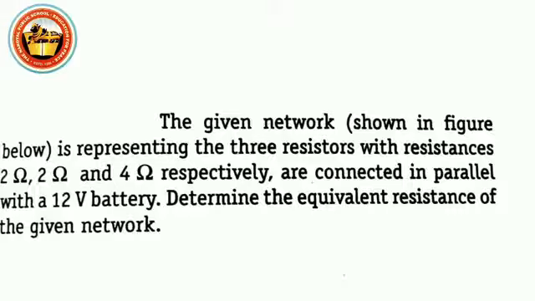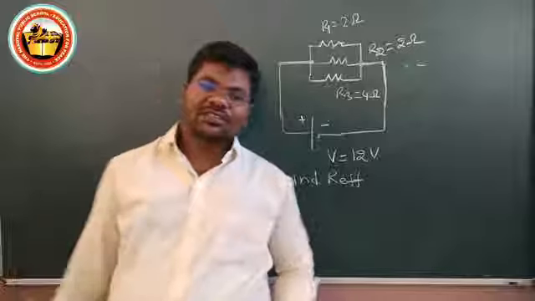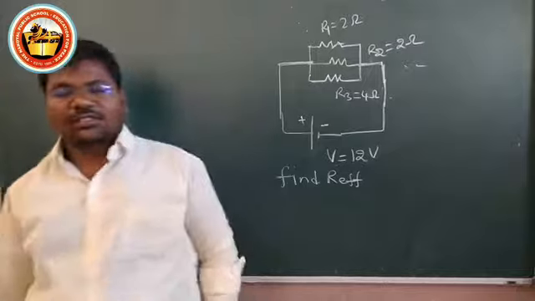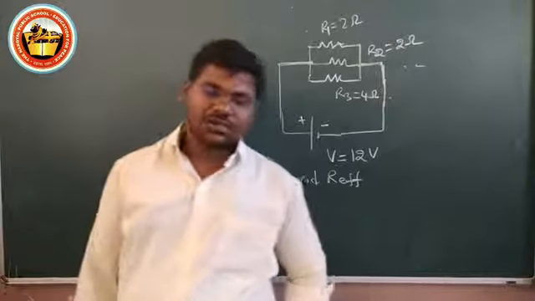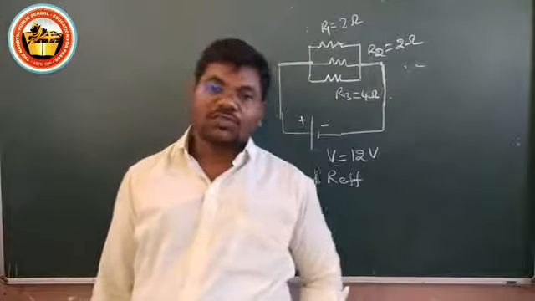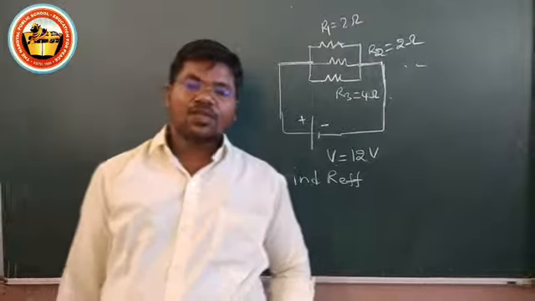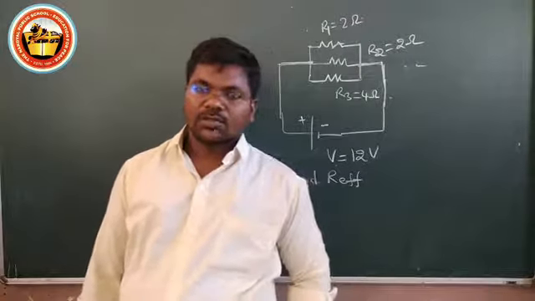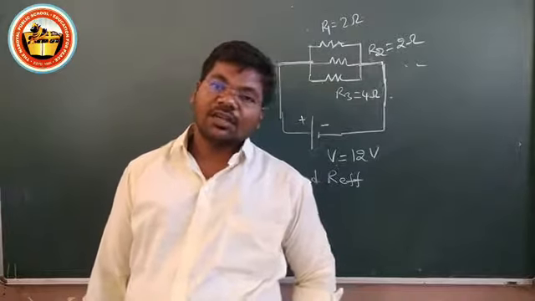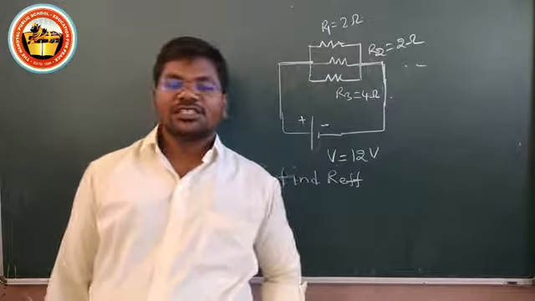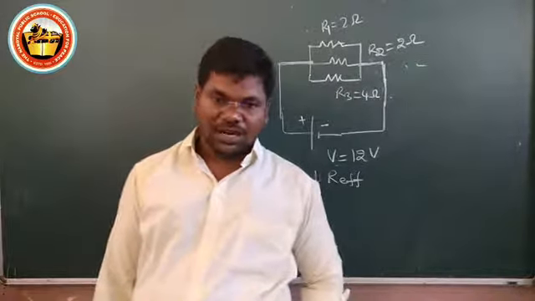Determine the equivalent resistance of the given network. In the given circuit, R1 is equal to 2 ohms, R2 is equal to 2 ohms, R3 is equal to 4 ohms, and the battery is 12 volts. What we have to find here is the effective resistance. The resistors are connected in parallel combination.